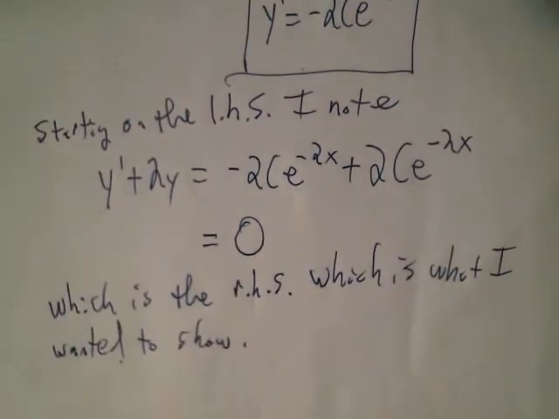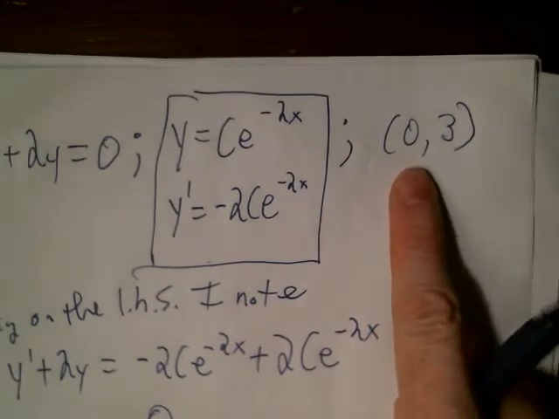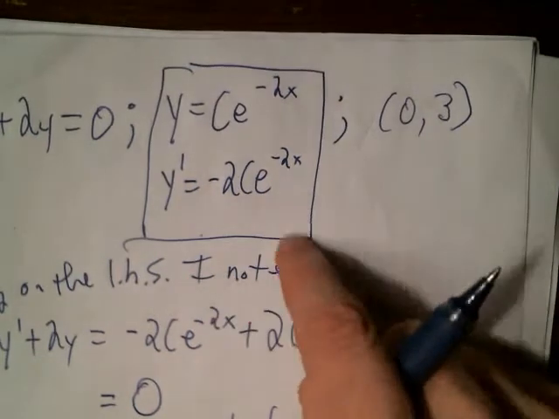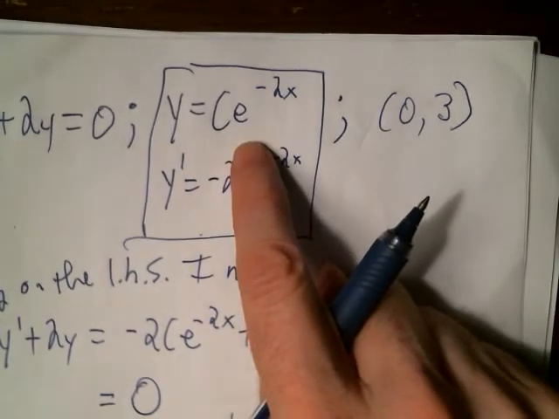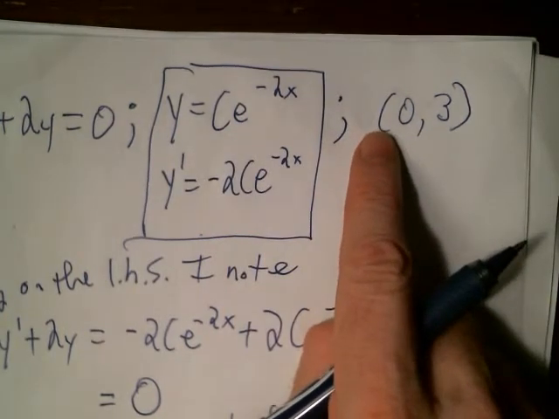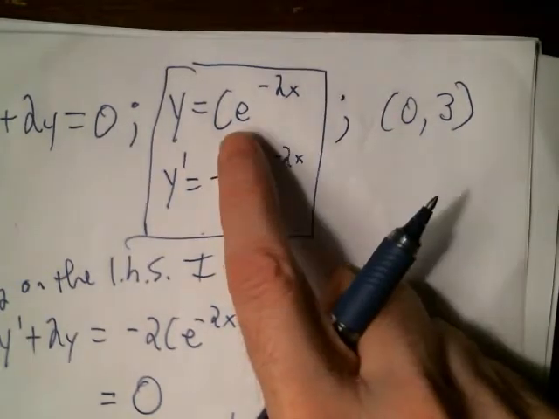Okay, now the particular solution part, what you need is this ordered pair. What this represents is a bunch of curves in the plane, and you need to figure out which one of them is the particular one that goes through this point 0, 3. So all you have to do there is plug this into this formula and solve for c.